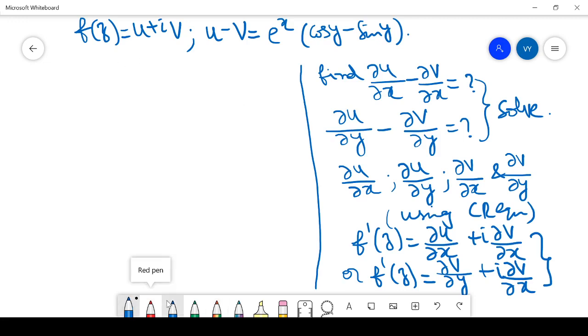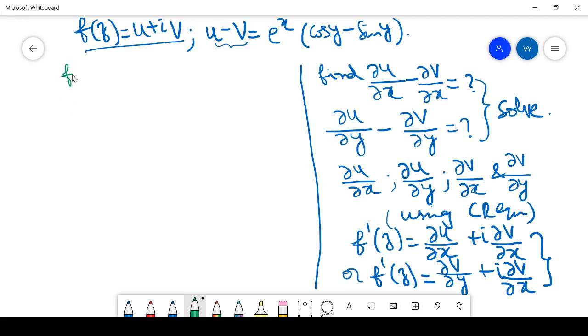Now I will use Milne's method to find the function f(z). For that, I will convert this function f(z) in terms of another analytic function, for which u minus v will be either the real part or the imaginary part.